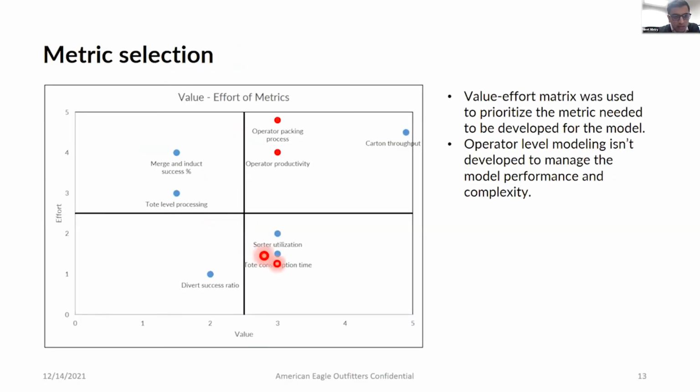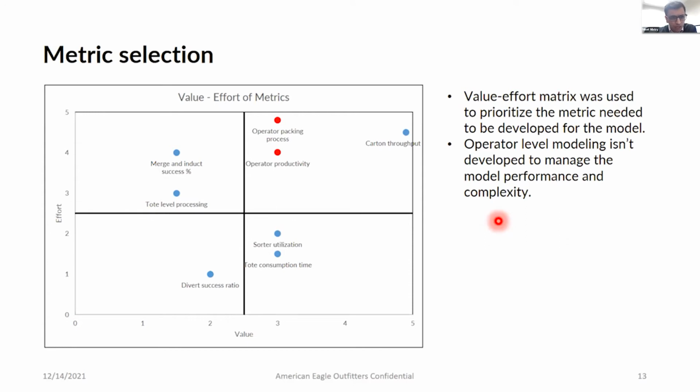So this first one is the metric selection. When I started the project, I was a little bit lost because the project seemed too big to be implemented. So I really wanted to focus on the things which were critical to be modeled, and I did a value-effort metric to make sure the amount of effort that I'm putting into building one feature in the model is valuable enough.